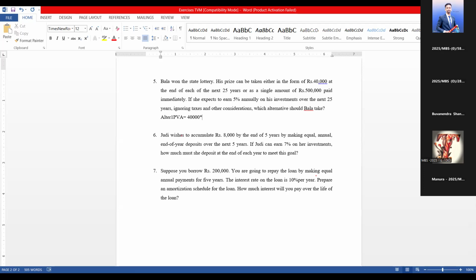I think maybe in that table there is no 25 years. So you can use the equation and derive that value. The value is coming around nearly 14.0939. Is it correct? Anyone done it? Madhushan, are you here?